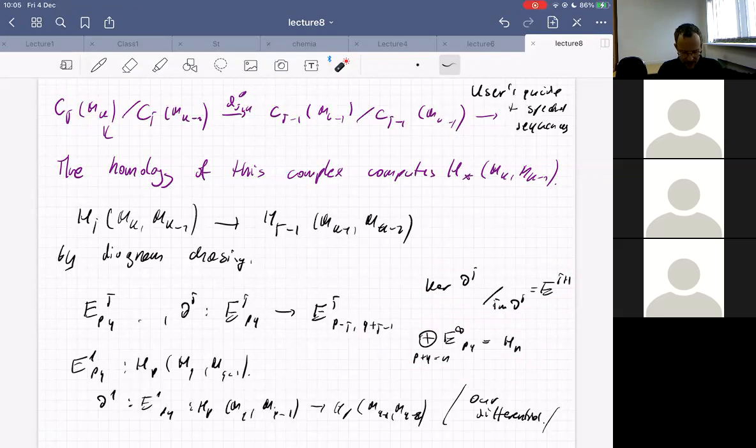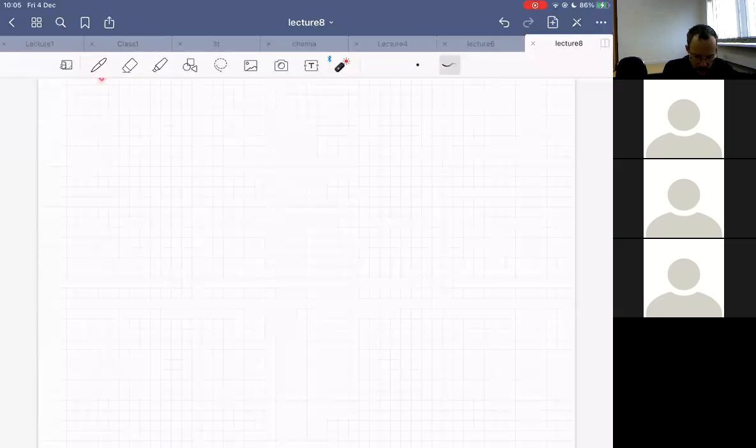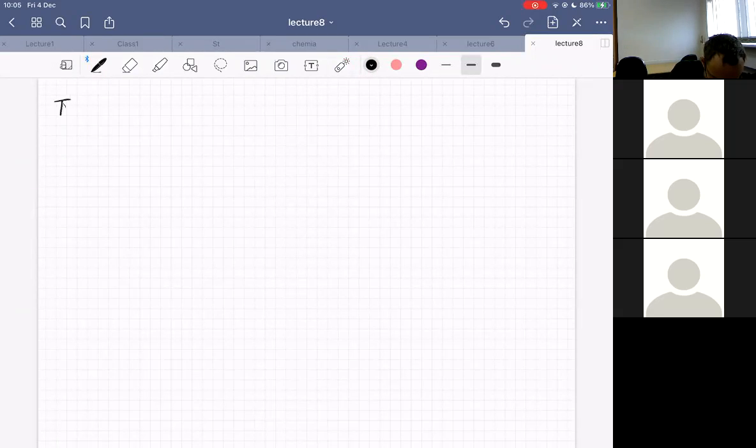In our setting, the situation is much simpler. Because this differential, because we have this space is 0 in precisely 1. So without giving all the details, I can't prove it, but it's actually easy.